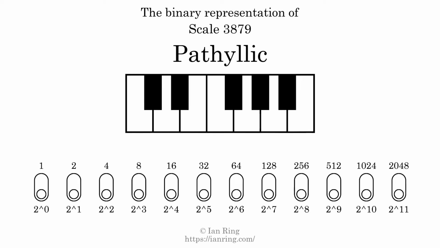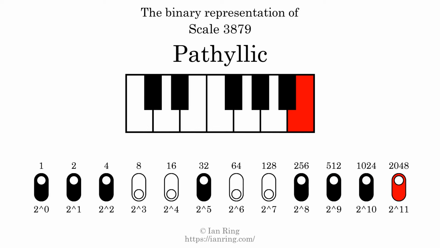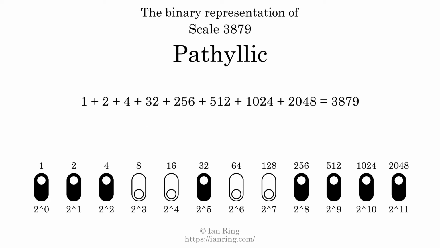The binary representation of this scale is determined by mapping tones of the scale to binary digits. Each binary digit represents a power of 2. To get the scale number, we add the powers of 2 together. The powers of 2 that are present in the scale, all added together, equals 3879.